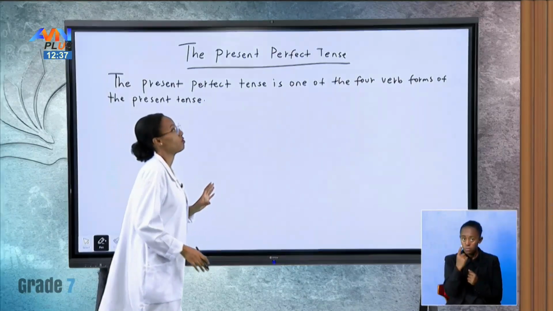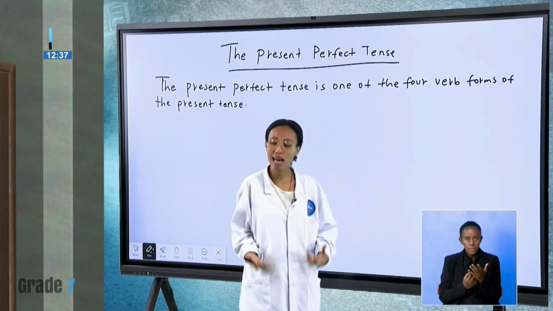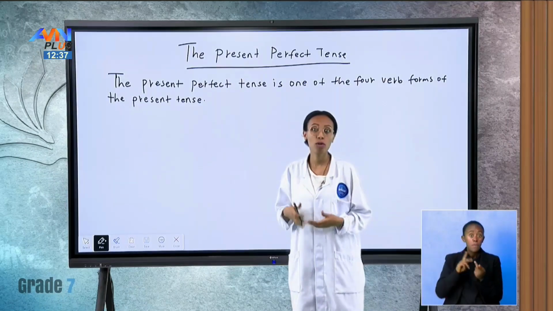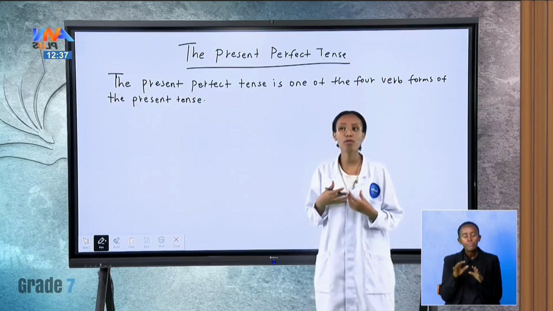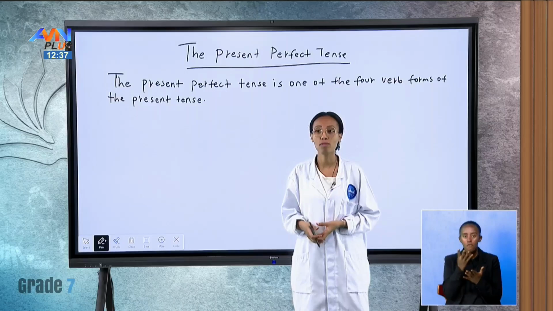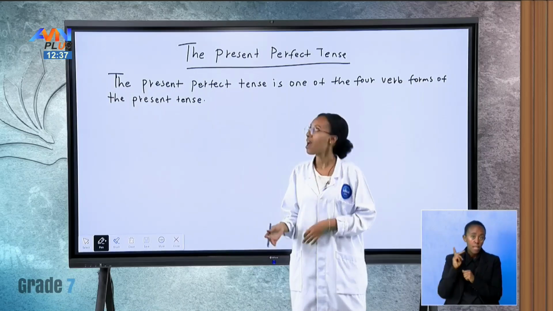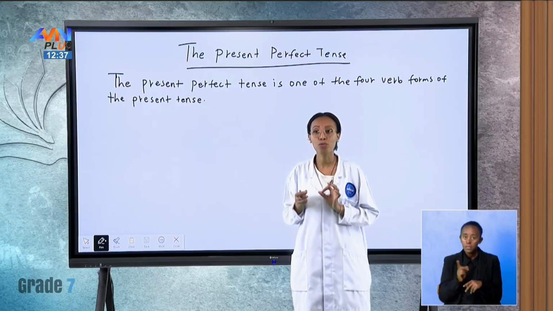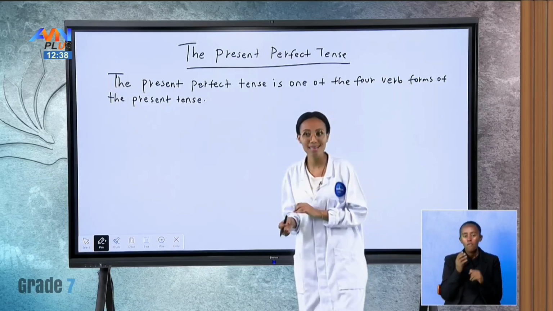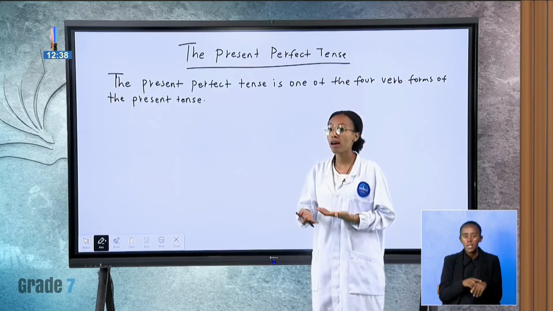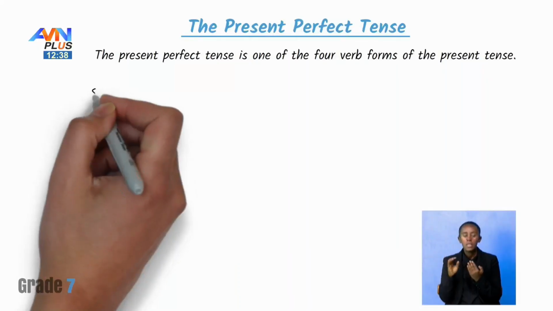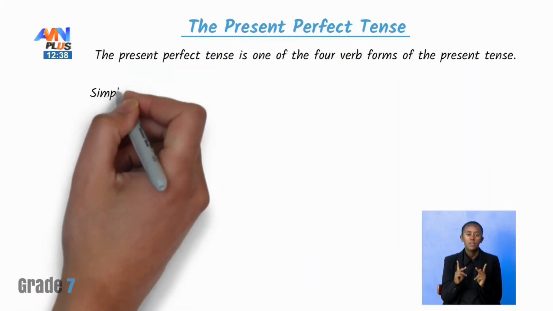So last time, if you remember when we were talking about the past perfect tense, we also said it is one of the four verb forms of the past tense. In this case, the present perfect tense is what? One of the four forms of the present tense. So what are the other forms? Let's see them quickly. Simple present tense.